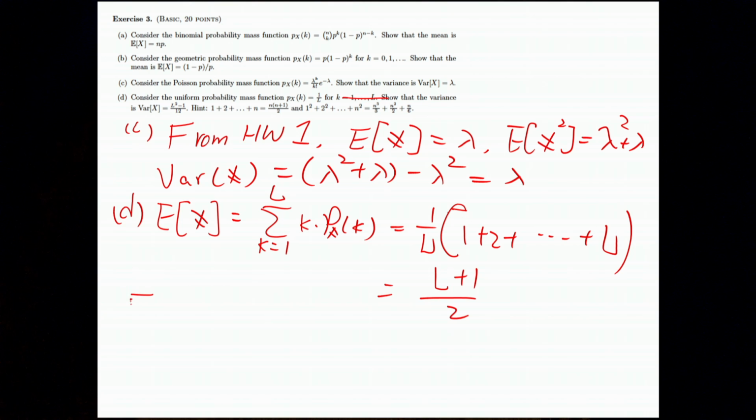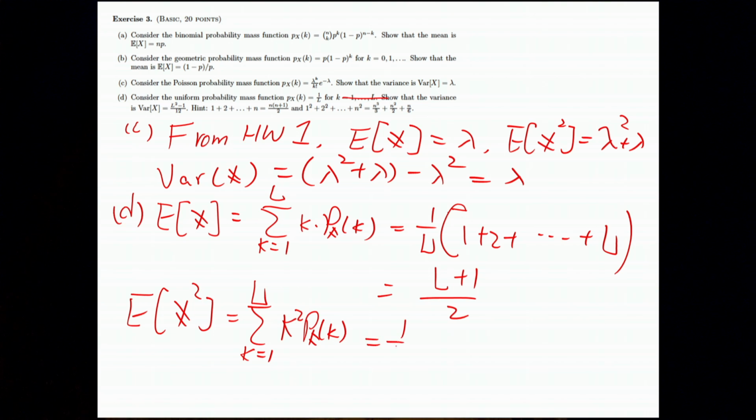Now in the same way, to compute the expectation of x squared, consider all the possible outcomes squared times the weighting, and k is from 1 to L, because these are all the possible outcomes.